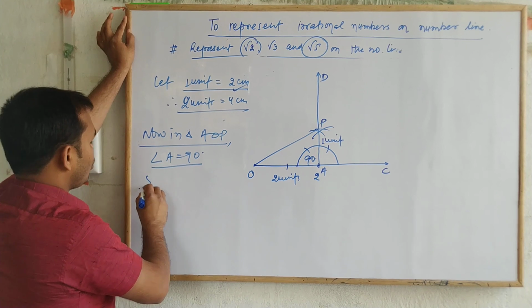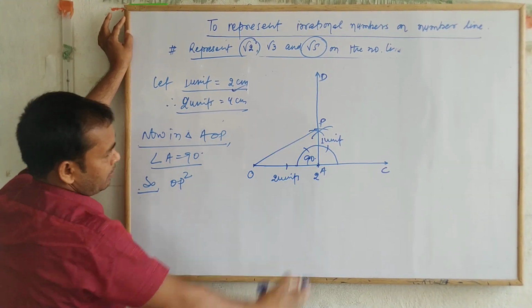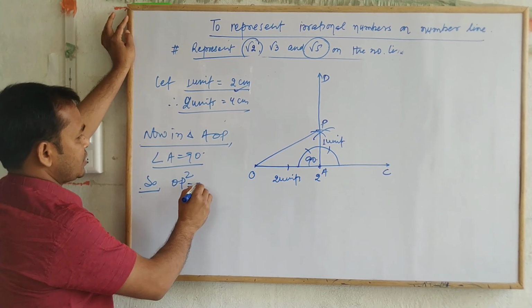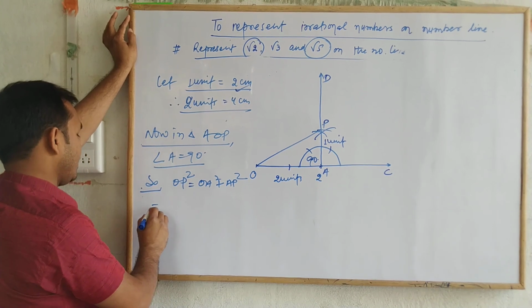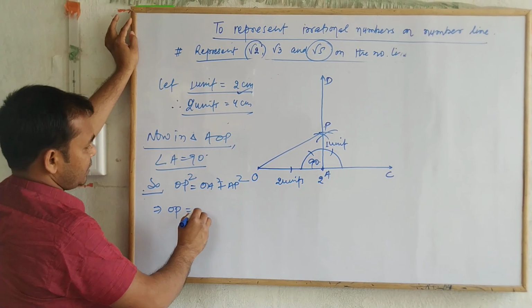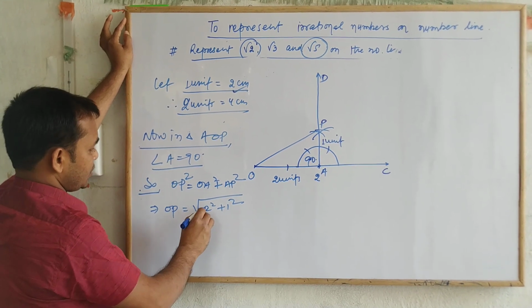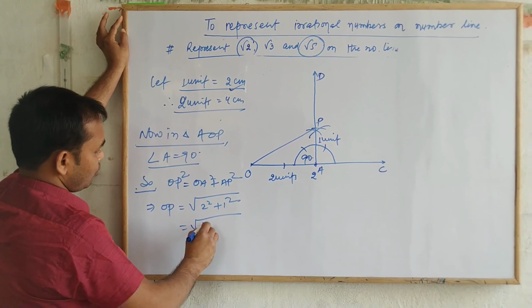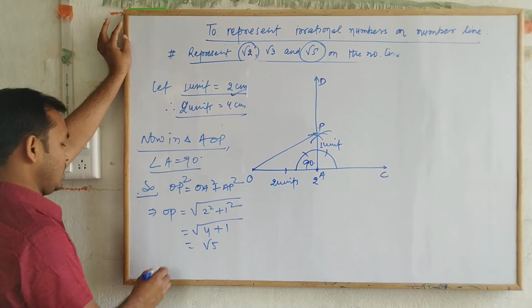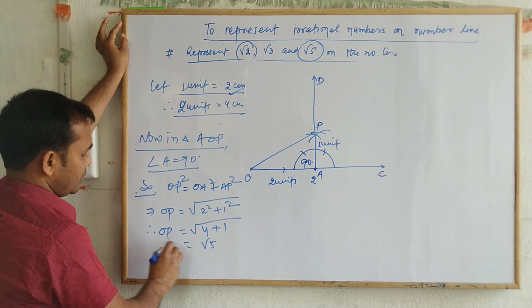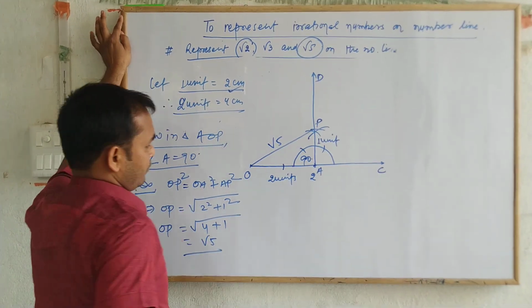So OP will be the hypotenuse. So OP squared is equal to OA squared plus AP squared, or OP is equal to root under 2 square plus 1 square, which is 4 plus 1, equal to root 5. Therefore OP is equal to root 5.